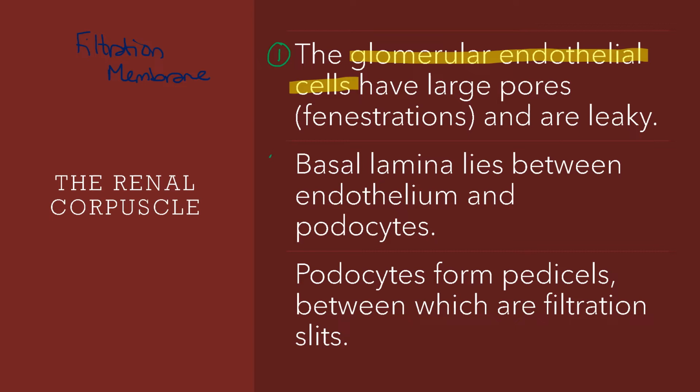Then the second barrier of the filtration membrane is the basal lamina. It's going to be between the endothelium and the podocytes. And then the third barrier is the filtration slit that's formed by the pedicels of the podocytes. So filtration slits.